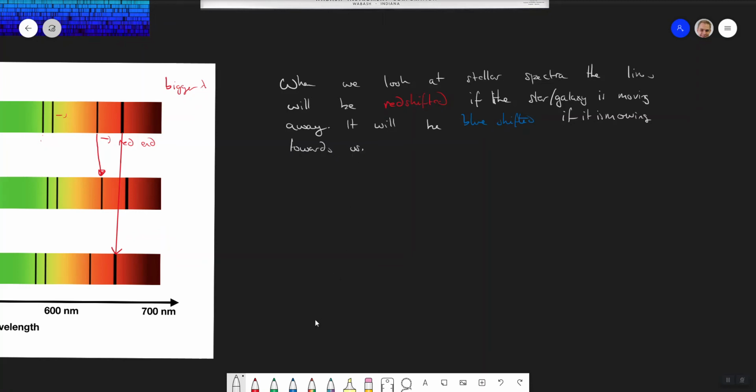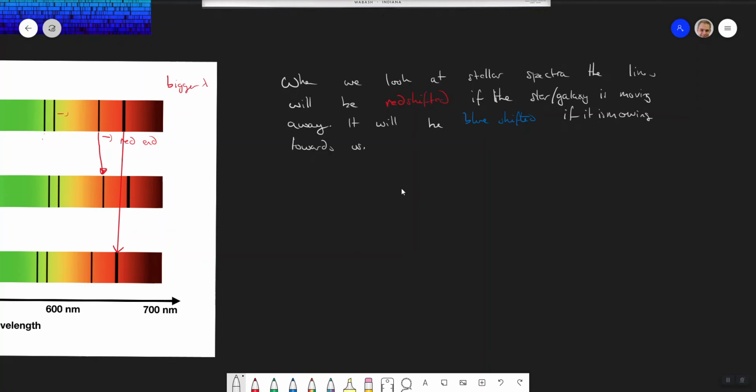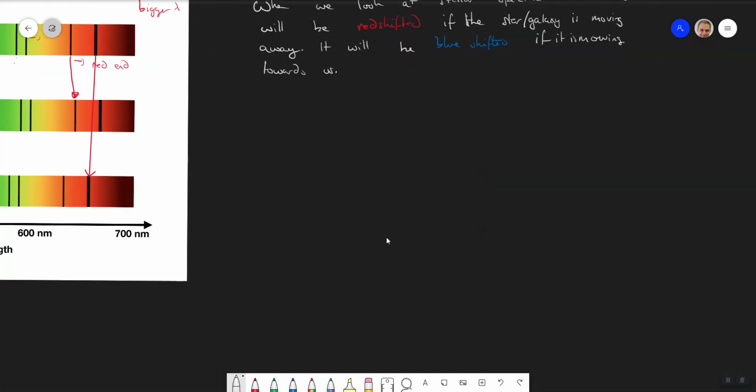This is the idea, but it also allows us to calculate it. The greater the speed, the greater the effect.